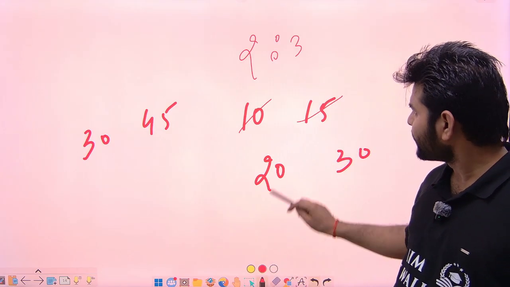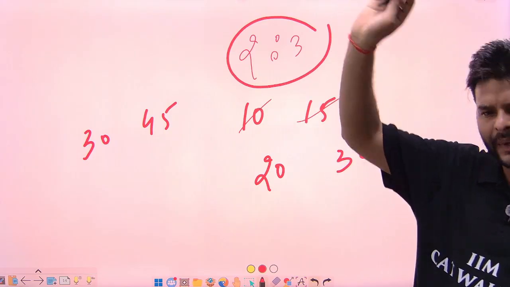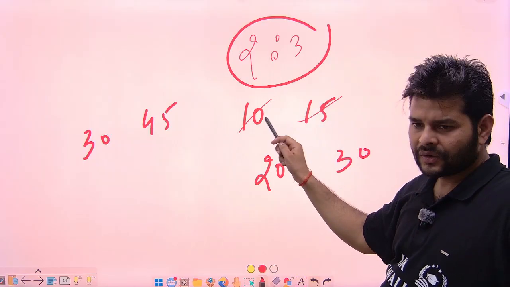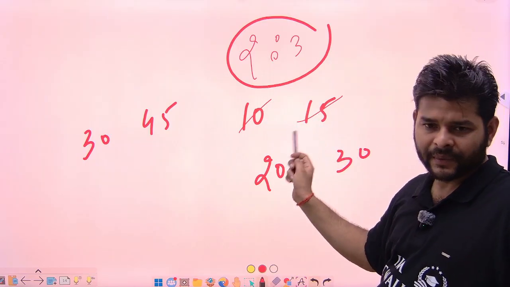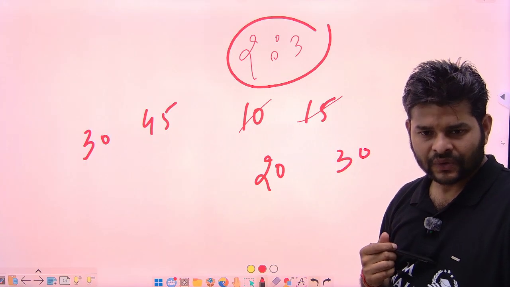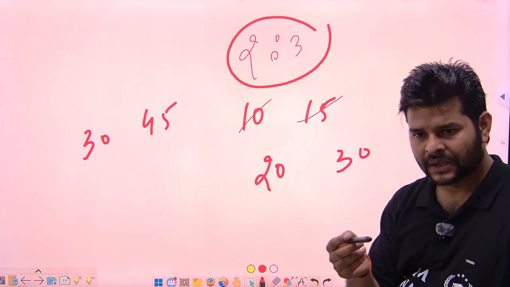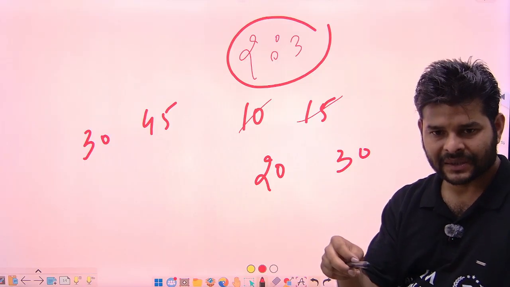Whatever the numbers have been, we take the common value from these numbers and we get the ratio. If you want to find the ratio of any two numbers, you need to divide these numbers by the same number.